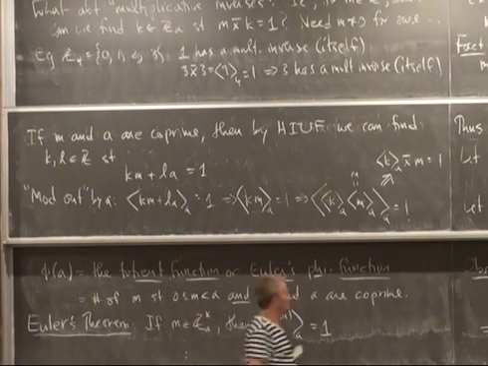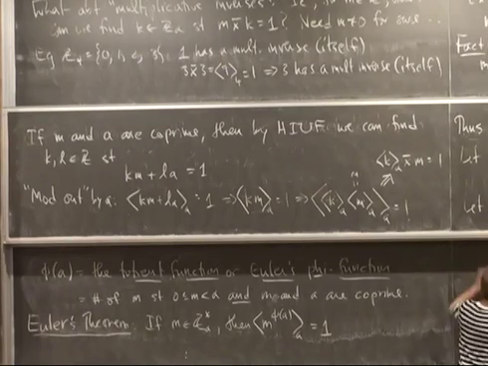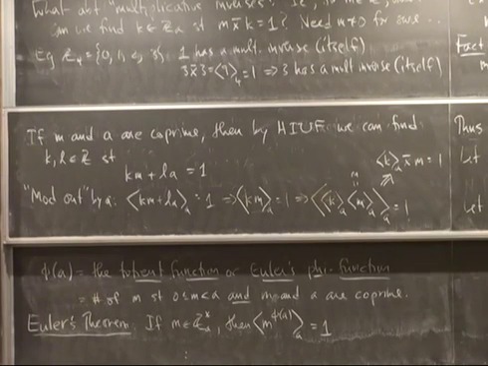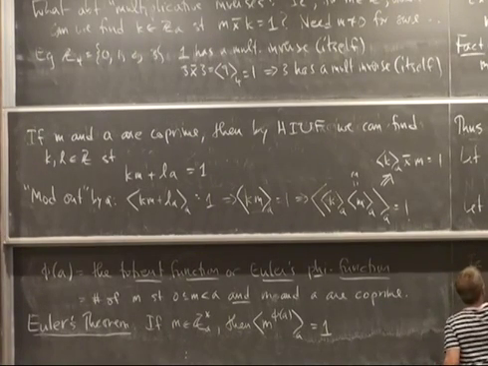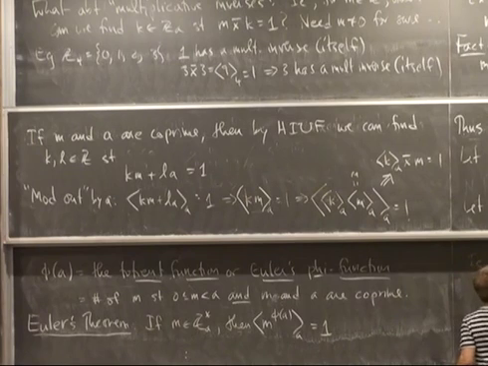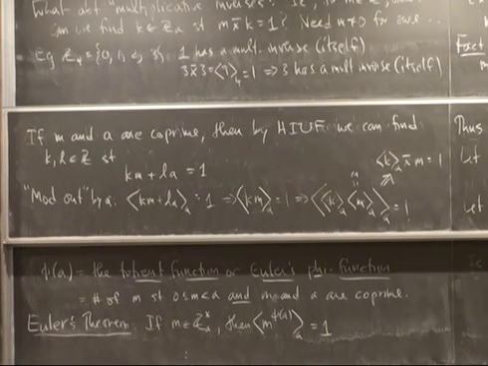Another way of writing that is m times bar m times bar m times bar ... times bar m, where this product has phi of A factors, equals 1.